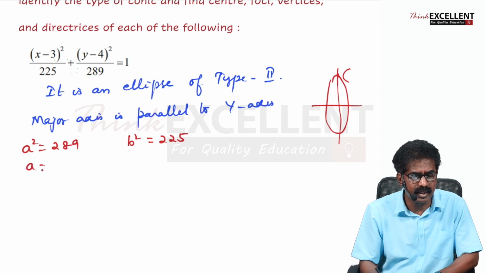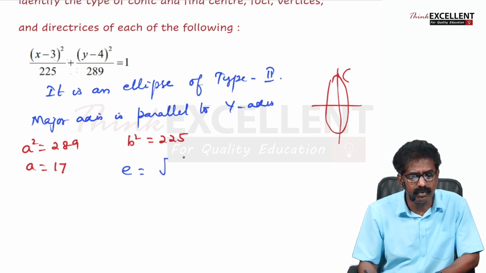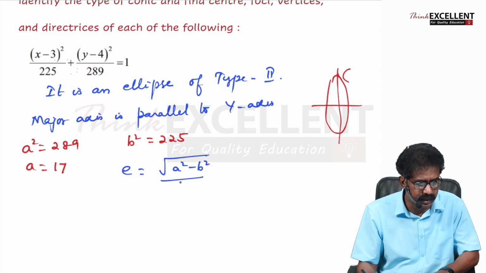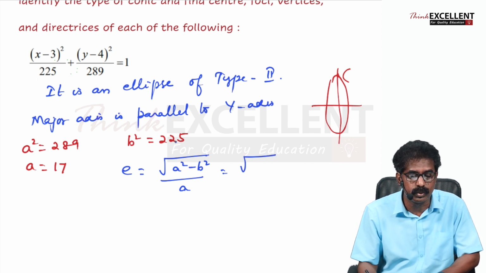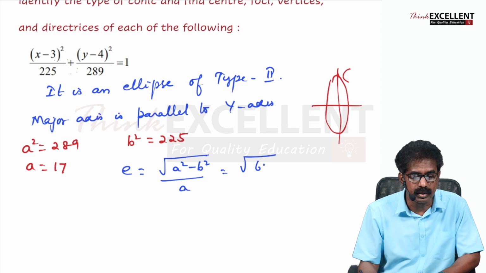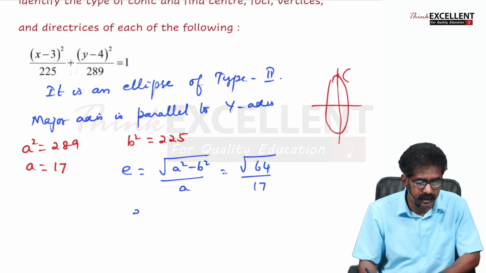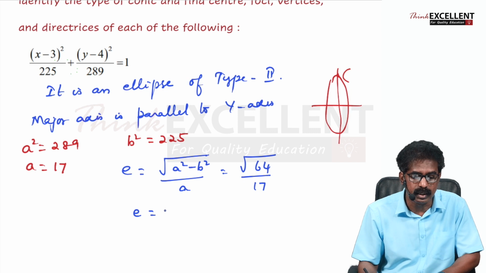So a value is 17, b is 15, but we may not want that one. Eccentricity you find out: root of a square minus b square by a, that is root of 289 minus 225, which is 64, by a value 17. So you are getting eccentricity equal to root 64, 8 by 17.